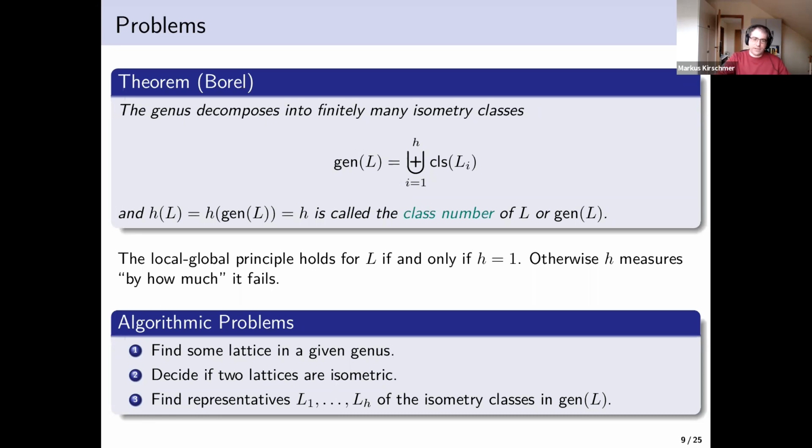So if you can solve these 3 problems, then you can solve the question at hand from the first slide, which asked for the isometry classes of unimodular lattices, at least for the maximal order case. So if the endomorphism ring is the maximal order, then you could actually solve the problem, because there are finitely many genera consisting of unimodular lattices. And now, if you can decompose them, you're done.